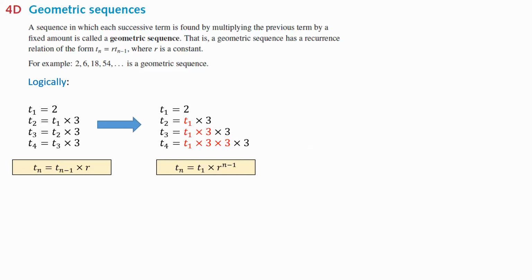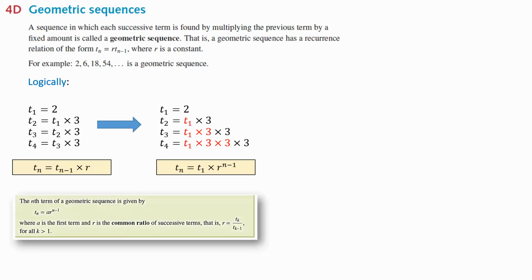It tells you Tn, if you want to find the next term. I know they use different letters. I'm trying to use logic for you. But the formula they give you is A, which is T1, A meaning the first term, times the common ratio, R, so that common factor, to the power of n minus 1. Yeah, so I'm using logic to figure it out, but you can memorize that formula if you want. It's up to you.